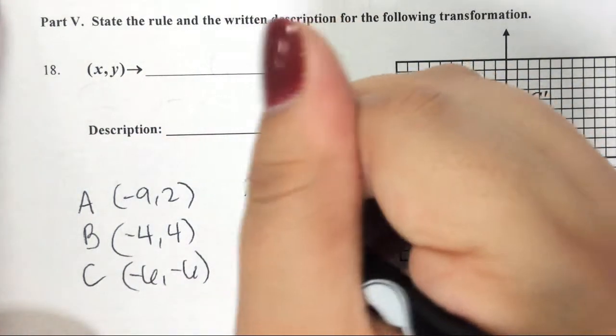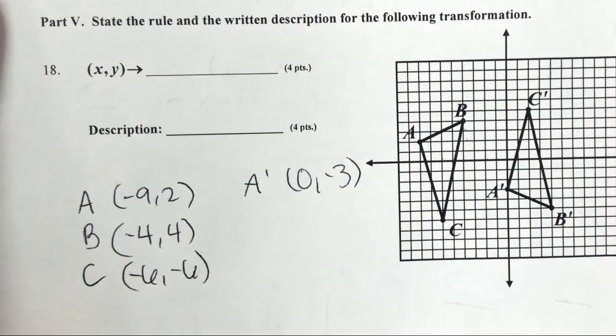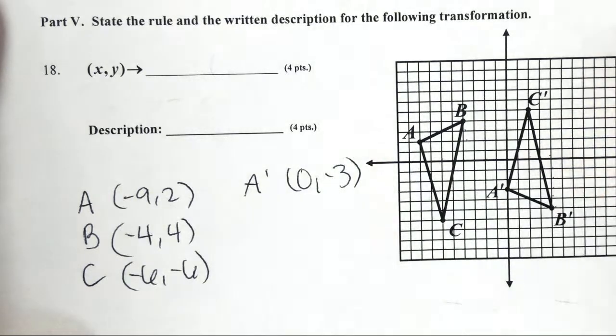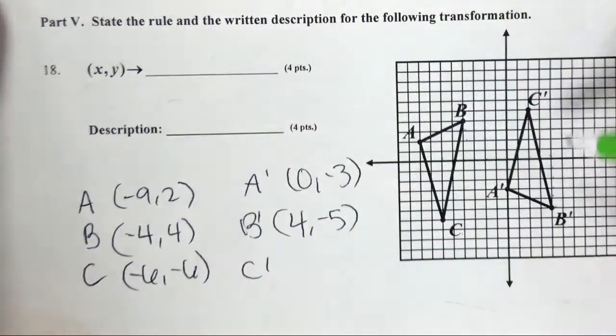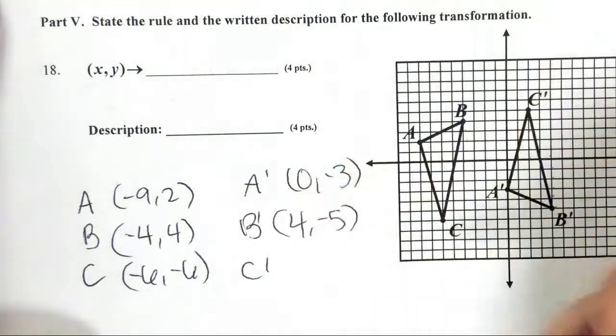And then A prime ends up being 0, negative 3. B prime is at 4, negative 5. And C prime is at 2, negative 5.